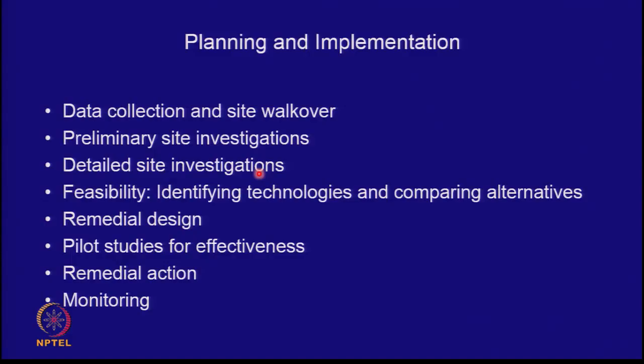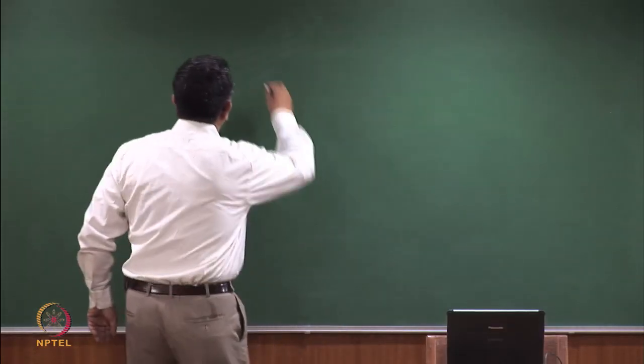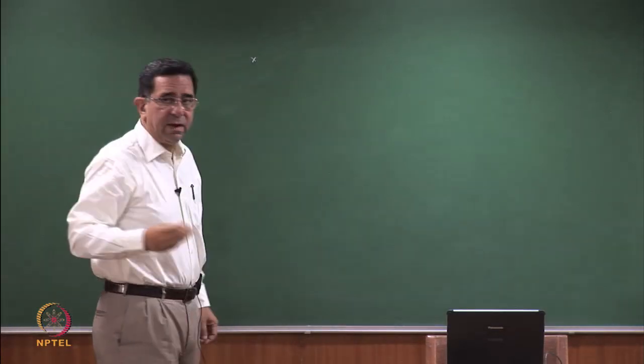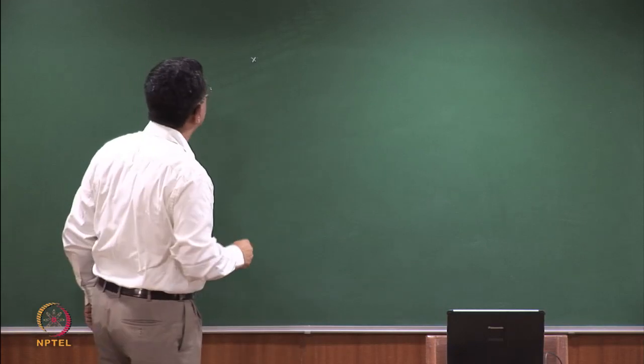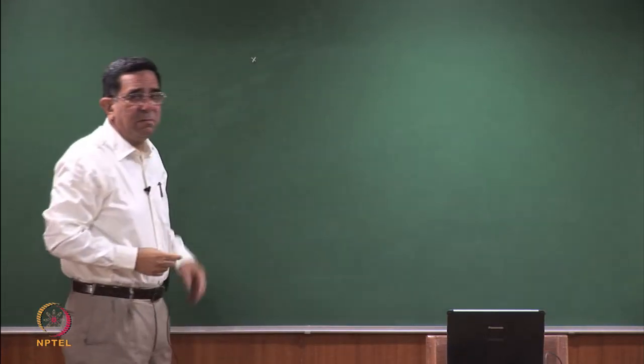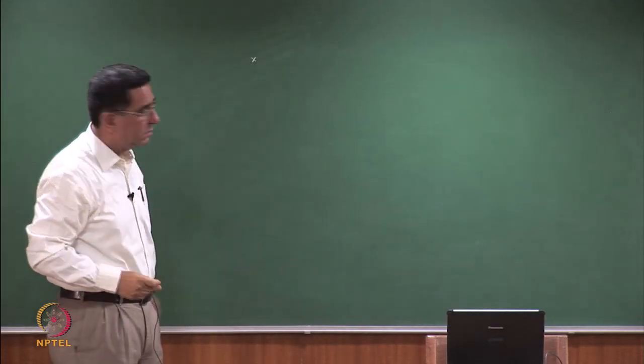Now, detailed investigations means, as I have said earlier, that you've got a report that this is the point in which there is a high level of contaminant. You have to first establish the boundaries in plan and depth. This is in plan, let me say.